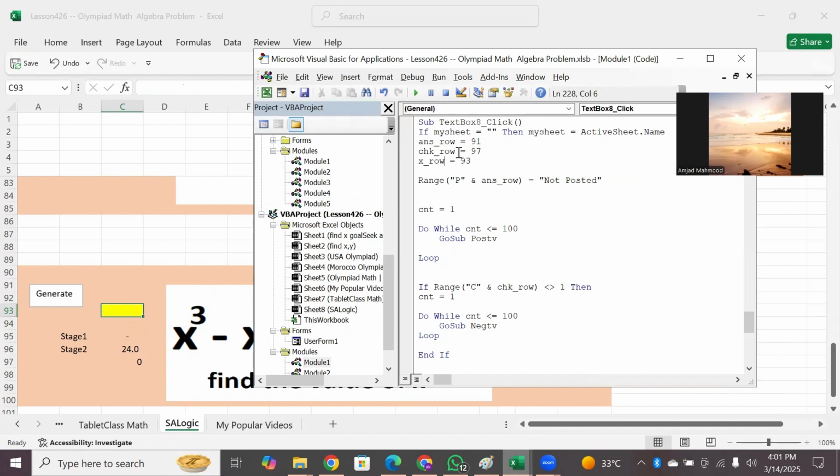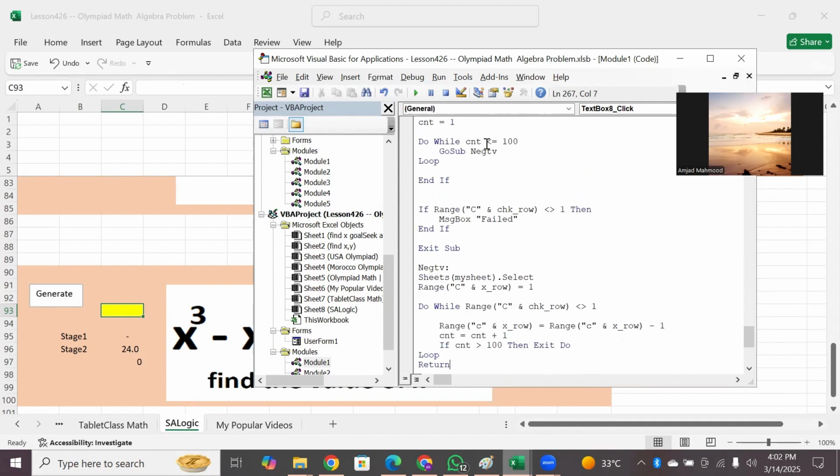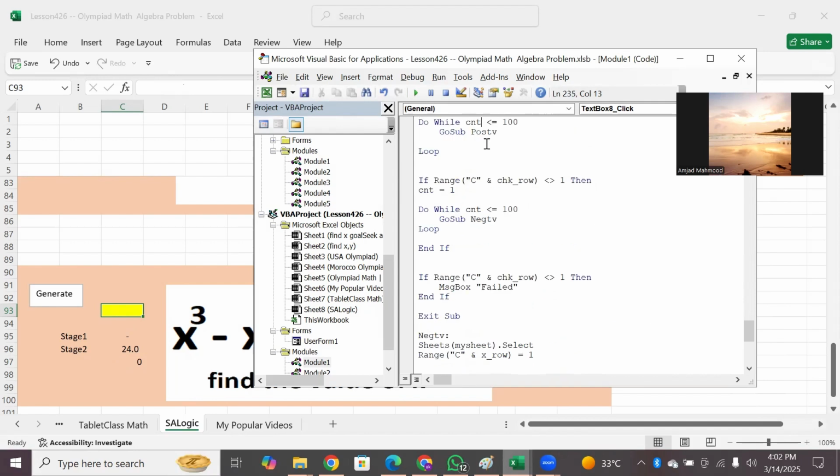So these are the three things. The rest of the program will not be using any hard coding. It will be checking the check row. Check row is this, X row is this, and the answer row is 91. These are set, and the rest of the program may be copied and executed, and you will get the answer, right?